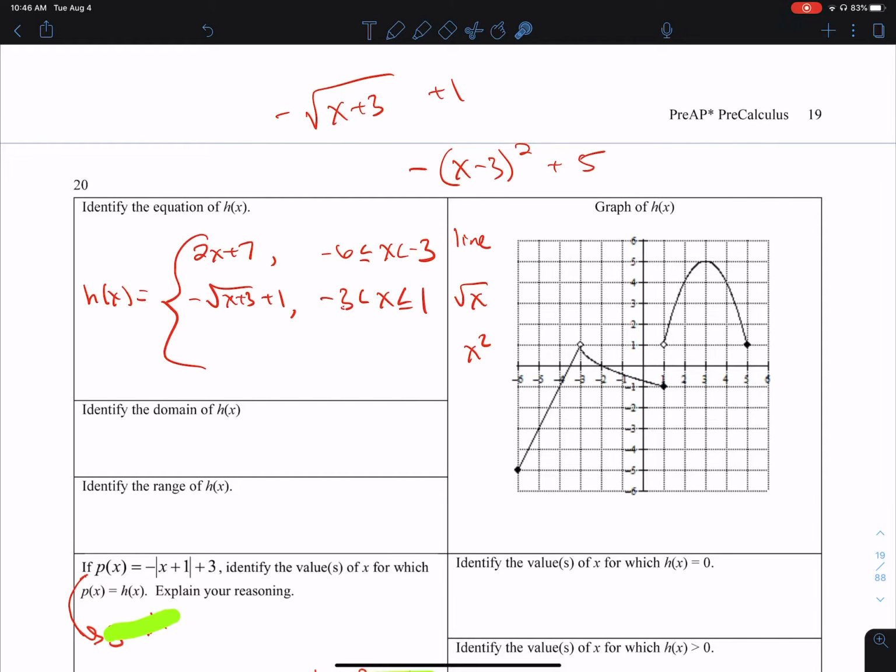Has the scale changed? If you go to the right 1, 1 squared is 1. That works out. Go to the right 2, 2 squared is 4. That works out. The scale hasn't changed. So this is negative times the difference of x and 3 squared plus 5. Domain for this is 1 not inclusive to 5 inclusive.